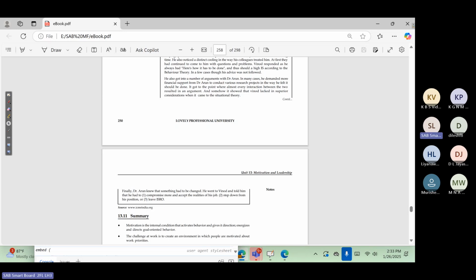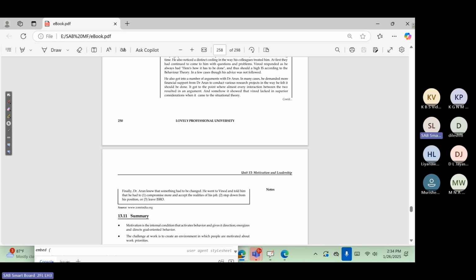And to evaluate these options, he was not very supportive in giving financial rewards whenever Vinod asked for more funds to carry out new research programs.